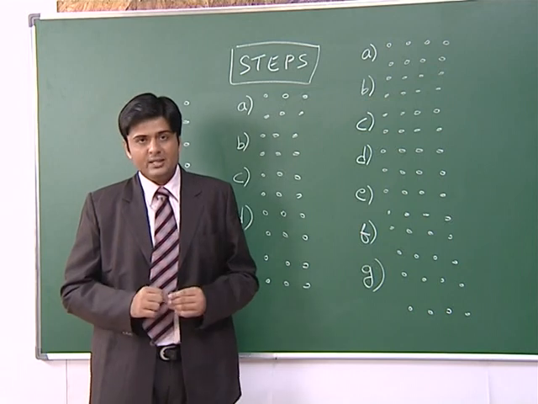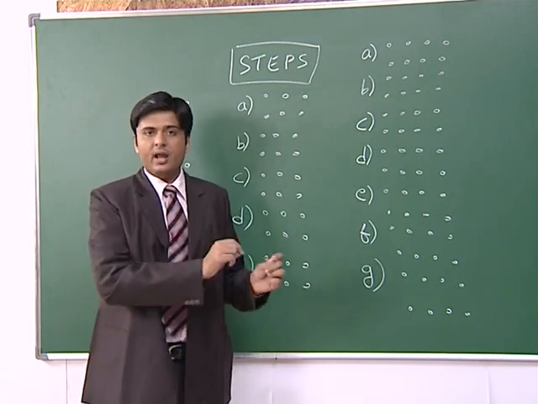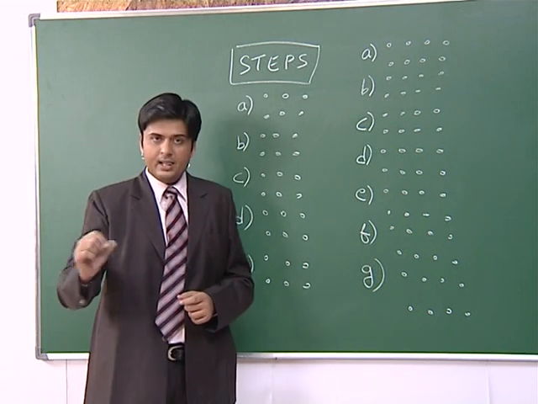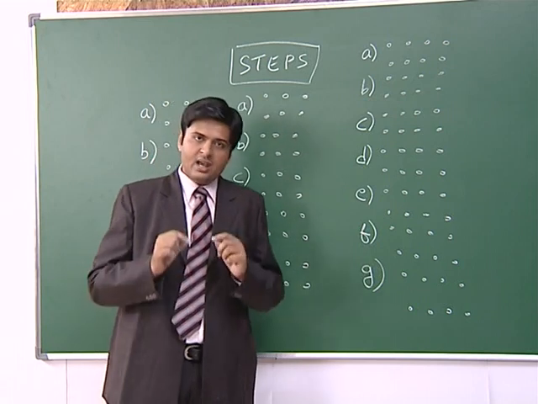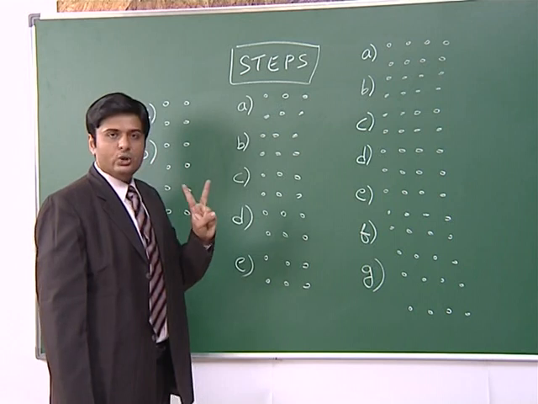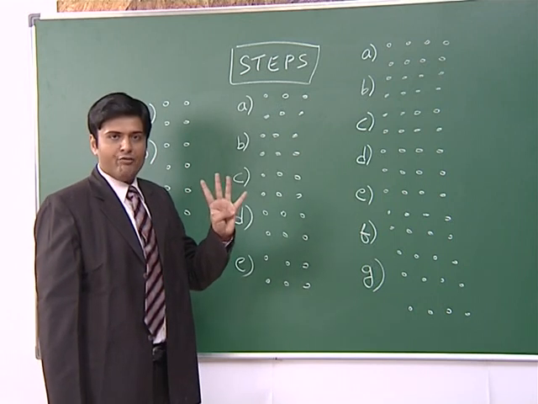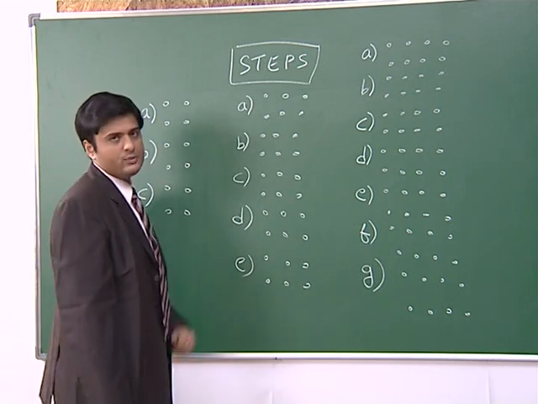The formula is very simple. The formula says double minus 1. I repeat, double minus 1. Let me tell you how it works. When I multiply 2-digit numbers, double of 2 is 4 and 4 minus 1 is 3. That means I use 3 steps.